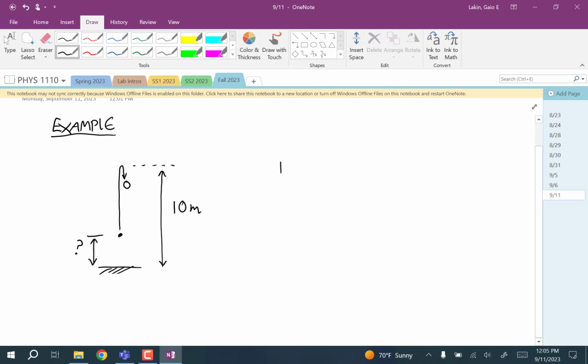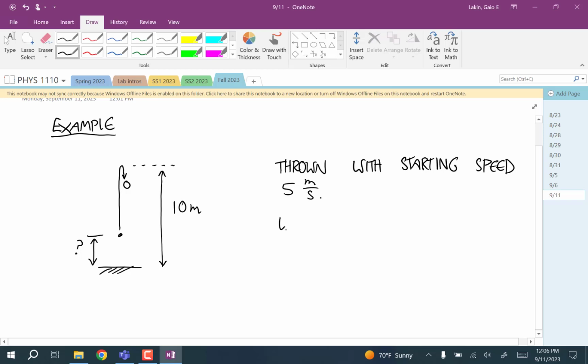And it's thrown with a starting speed of 5 meters per second. What height is it thrown from?